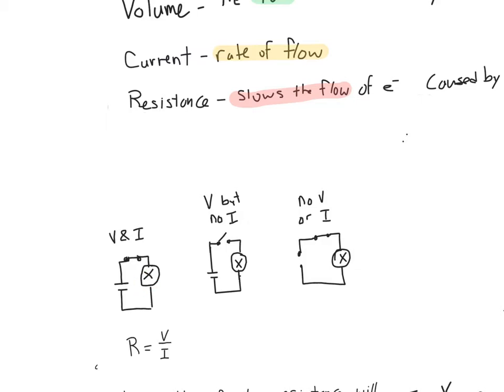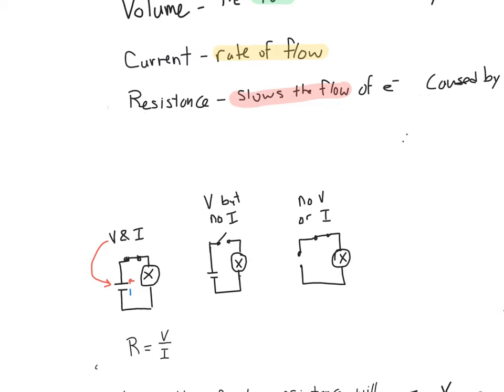So in this circuit, we have a voltage, which is the push, because that voltage comes in from the battery. It's the battery that pushes the charge. We also have a current because electricity is able to flow the entire route of the circuit.